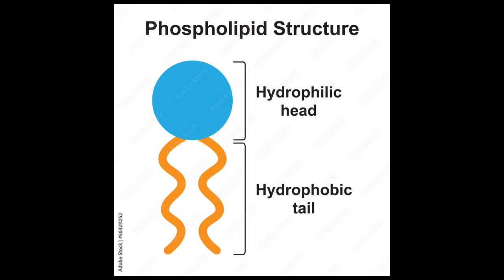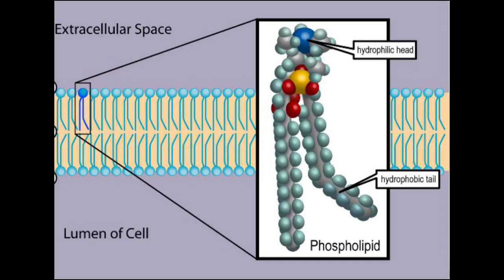The hydrophilic head contains a phosphate group and is water attracting and polar, facing outward toward the watery environments inside and outside the cell. The hydrophobic tails consist of fatty acids and are water repelling and nonpolar, facing inward towards each other within the bilayer.